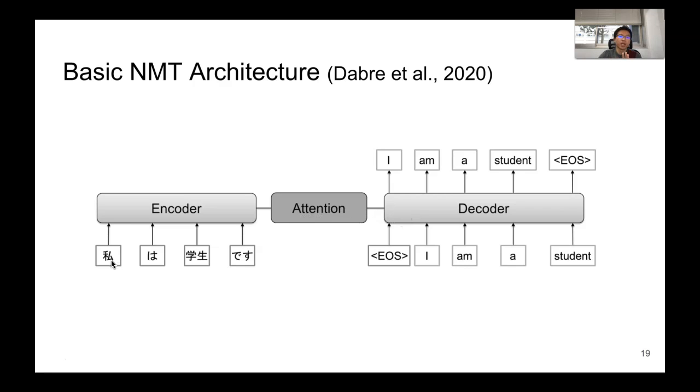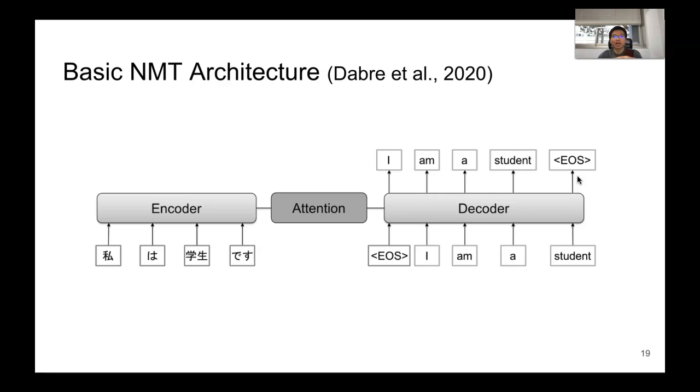The encoder reads all the words and then converts them into a single representation, and the decoder, together with the attention mechanism, decodes the source sentence into the target sentence word by word, one by one, until we get the end of sentence. So this is the basic structure of MLMT.